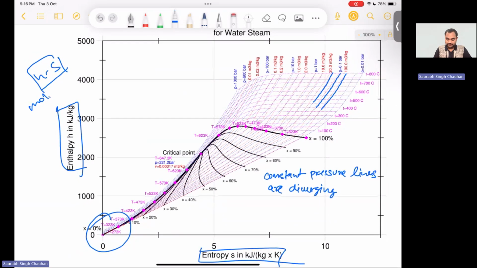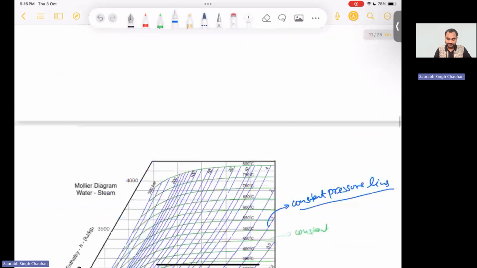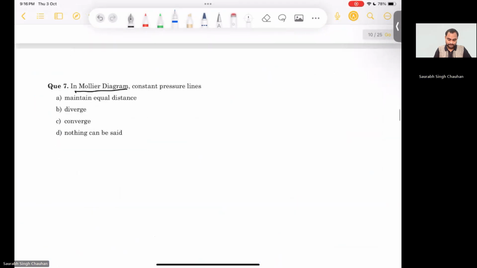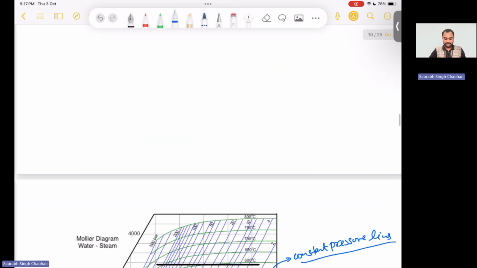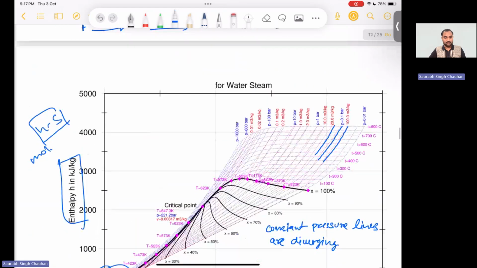So now it is clear, and we can answer our question. In a Mollier diagram, constant pressure lines diverge. Option B. I think we can move to the next question.